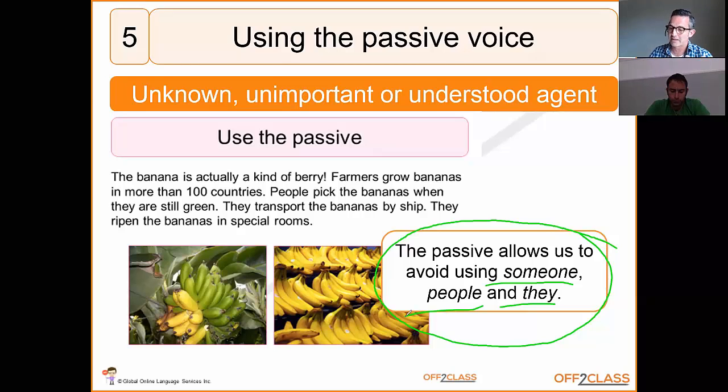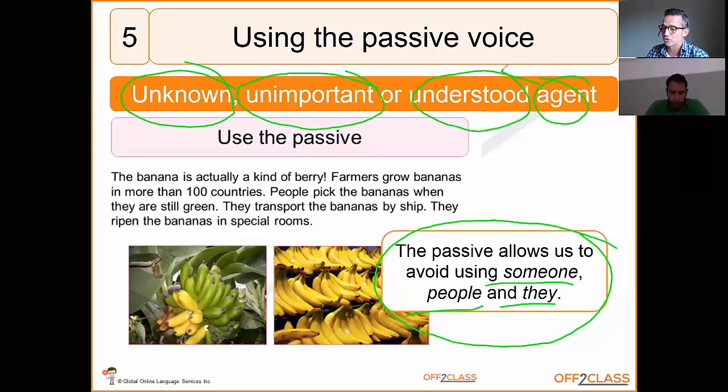Another reason for students to use the passive in English is that the agent is either unknown, I don't know who grew these bananas, unimportant, I don't care, or understood. Both the speaker and the listener understand in the context who the agent is.